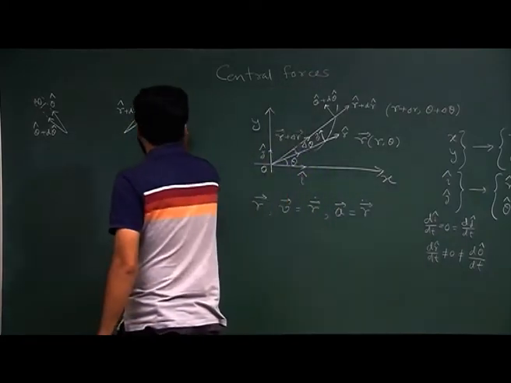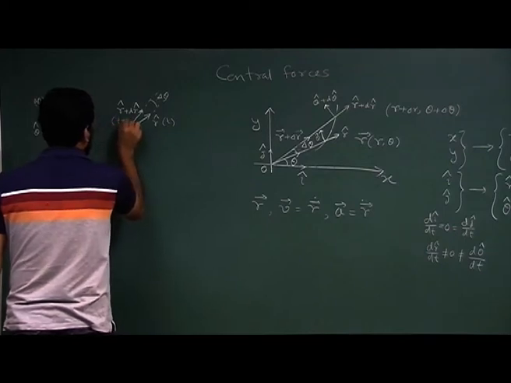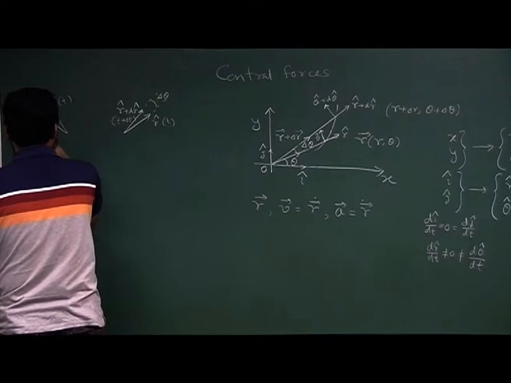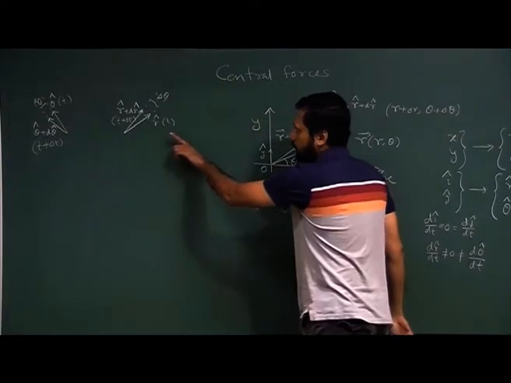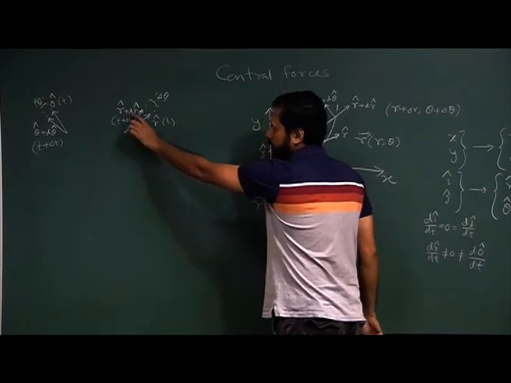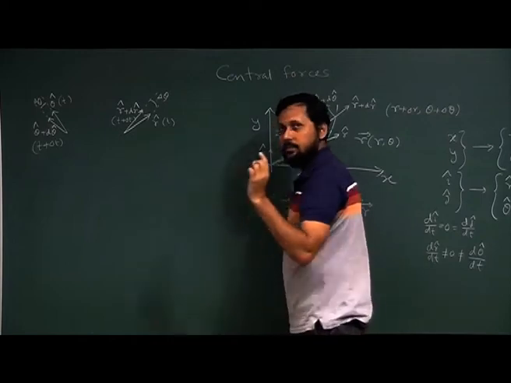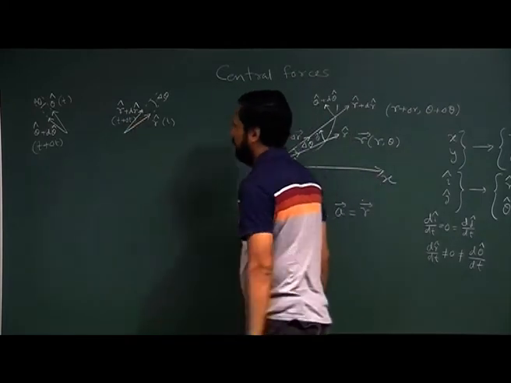This is given at time t and this is given at time t plus delta t. Similarly, this is given at time t, and this is given at time t plus delta t. So, we have to write an expression for this dr cap, which is the change in this unit vector along r in time delta t.